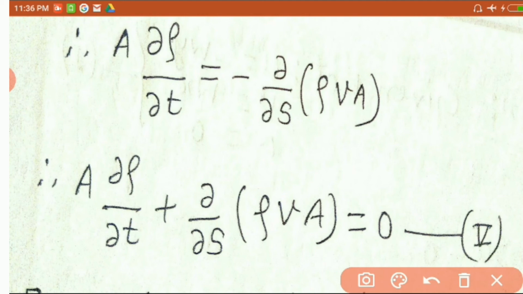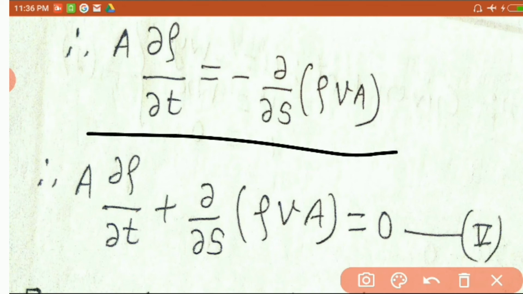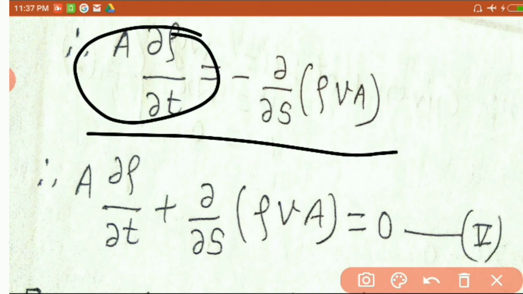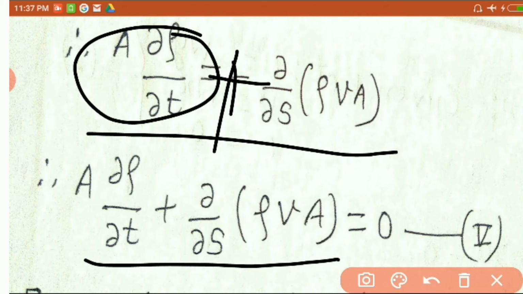From equation 3rd and 4th we get these are equal. So this A dou rho by dou t, so this will be plus dou by dou s into rho va, which is equal to 0.